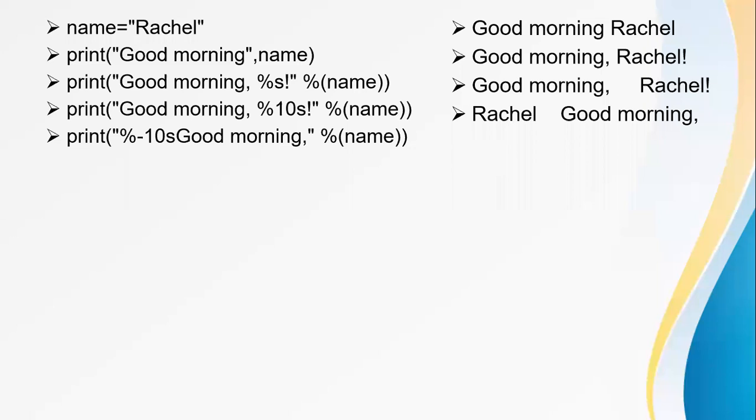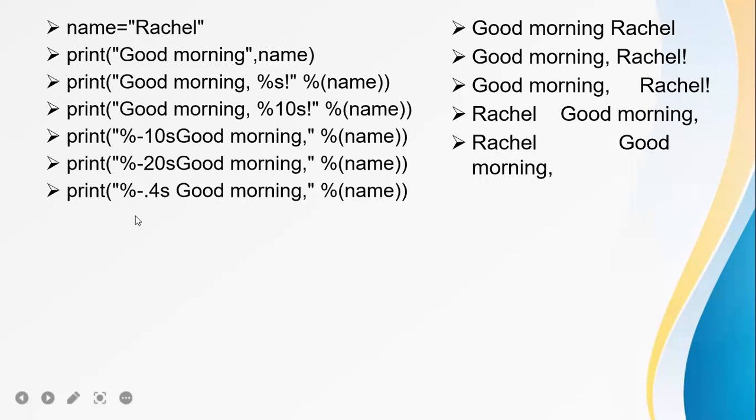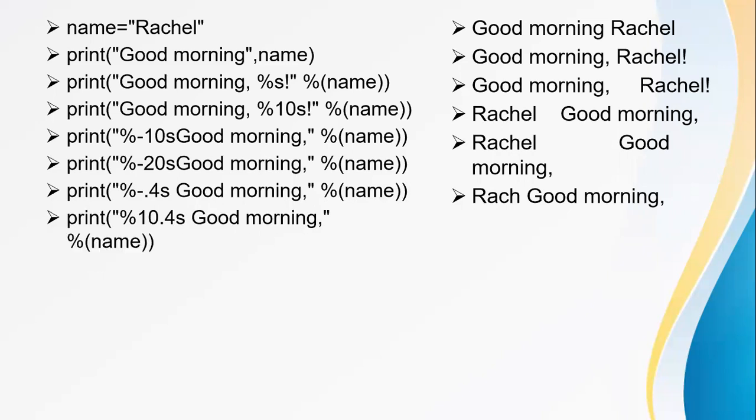Input output formats. When I use 20s, the space will be increased. Rachel, 20s, good morning. When I use minus 4s, okay, it is reduced. It's coming close. When I use 10.4s, what I'm doing is I'm just entirely moving this right actually.